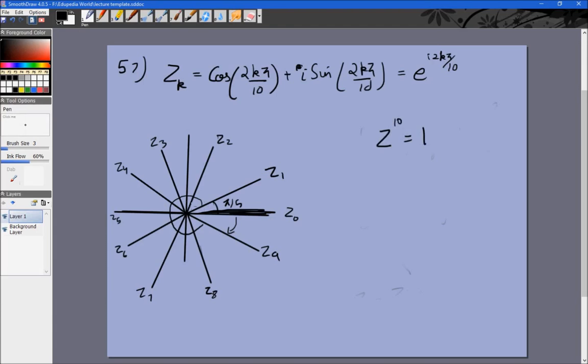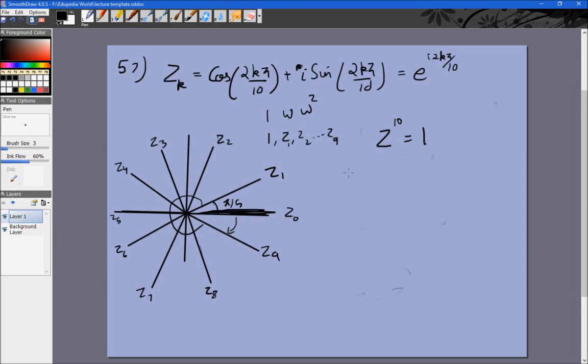Right? Take π/5, multiply by 10, you get 2π. Just like you have 1, omega, omega square, the cube roots of unity, you have 1, Z1, Z2 till Z9, which are the 10 tenth roots of unity. Right? So from Z to the power 10 is equal to 1.